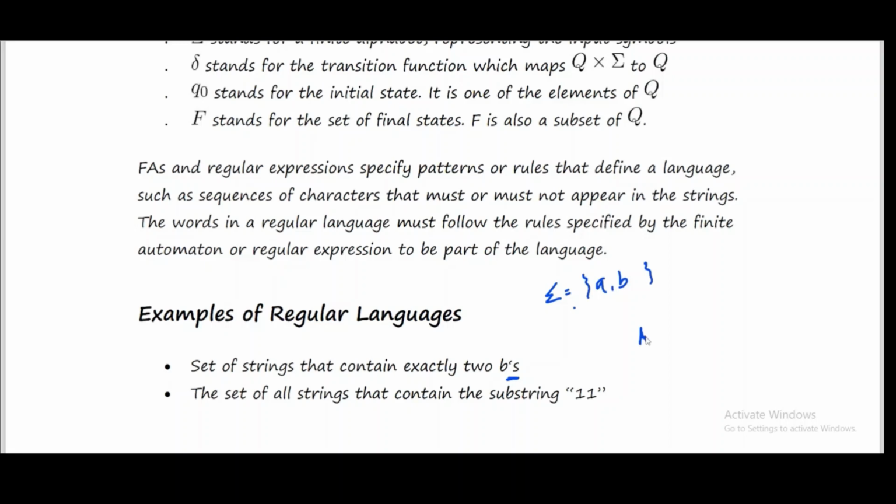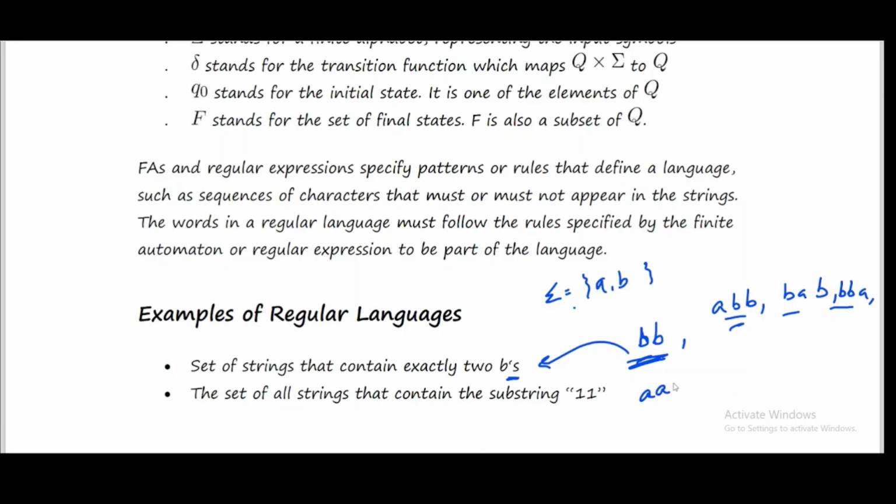Like suppose a string is bb only; this is also accepted. Or if I write abb, or bab, or bba, all these contain one a. Here there is no a, here it is one a. Now a can be two, but it is not specified where a will be.